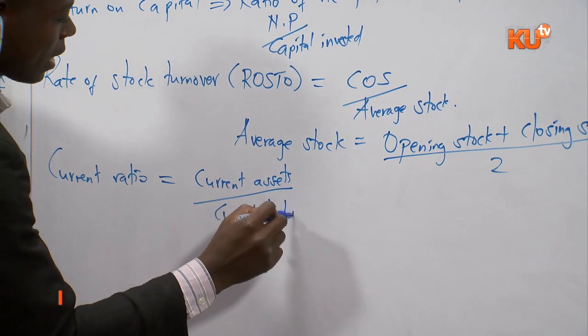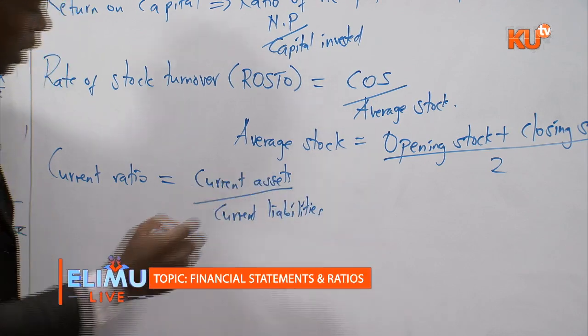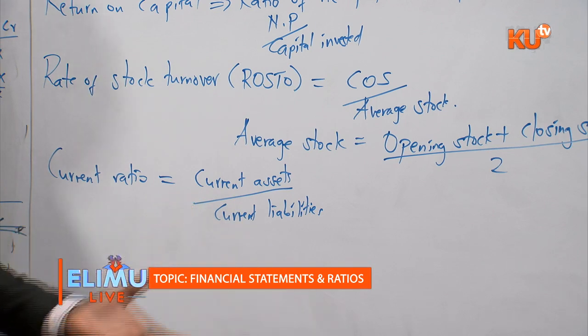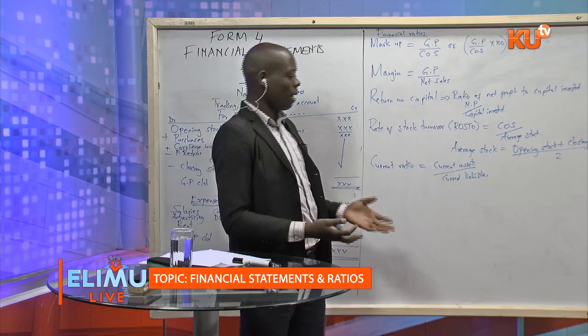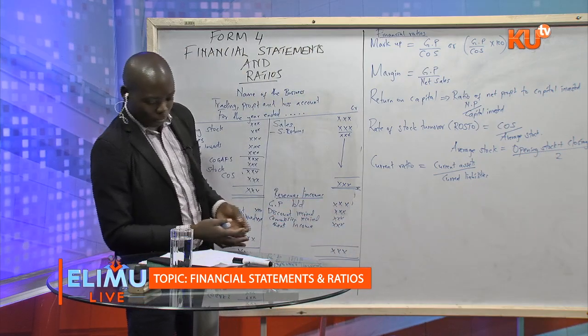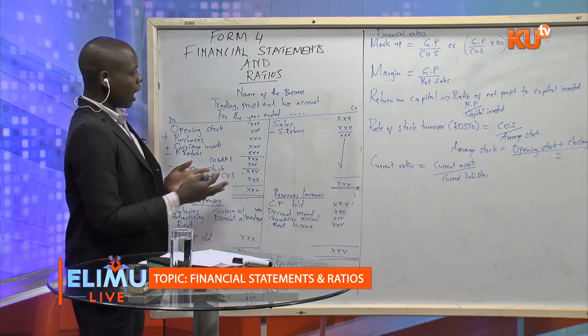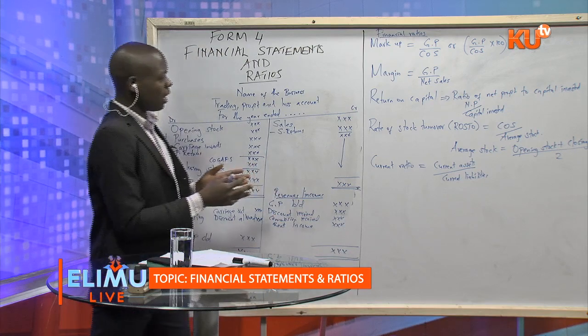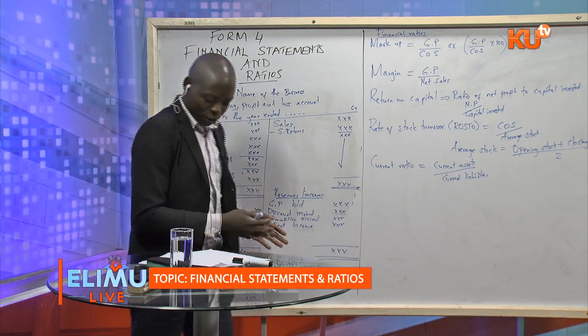From your understanding of the introduction to accounting, you are told what are current assets and what are current liabilities, because those are simply types of assets and types of liabilities. So those are key financial ratios that we need to calculate today in our lesson.